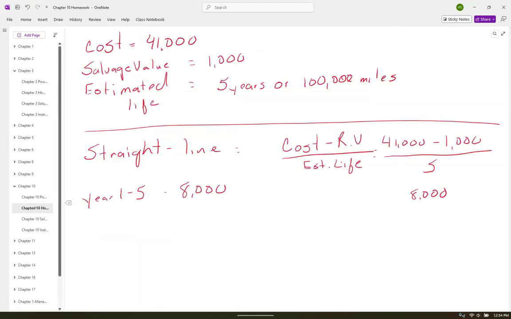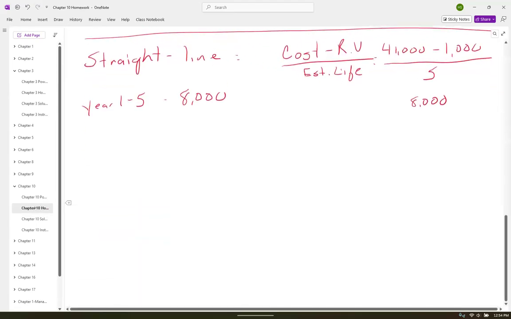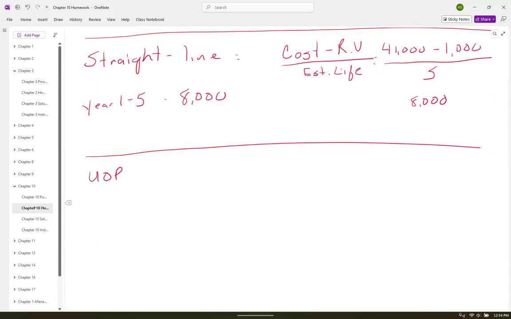Okay. So now let's come over here, and that's the easiest. We're going to units of production. Very similar to straight line. It will be cost minus the residual value. And instead of estimated life, we're going to use estimated miles.